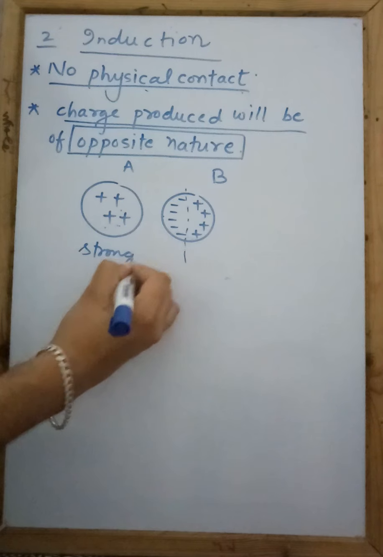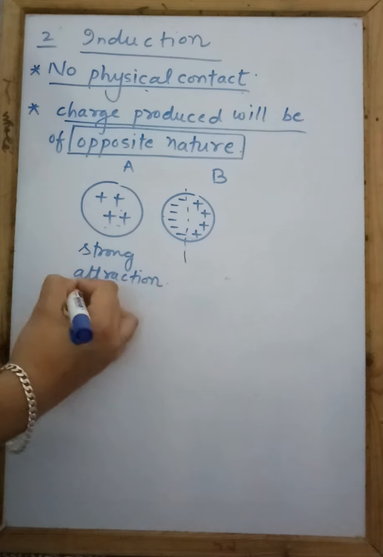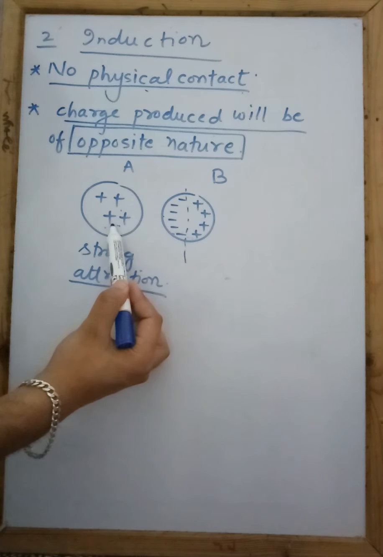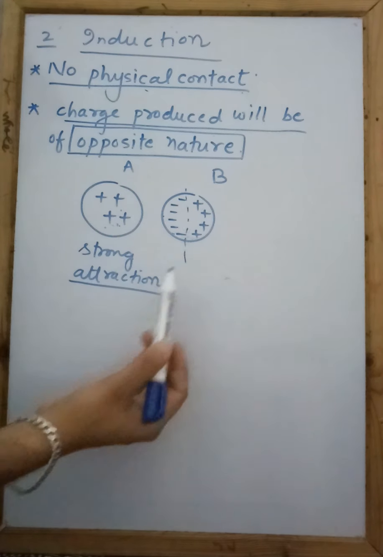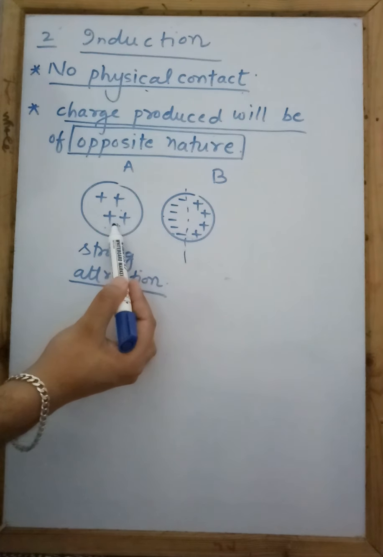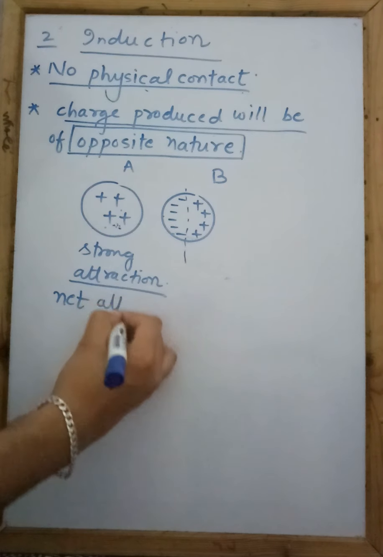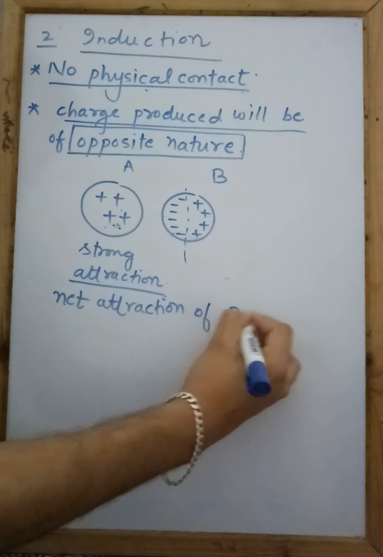The attraction between negative of B and positive of A is stronger than the repulsion between positive of B and positive of A, due to which there is a net attraction of B by body A.